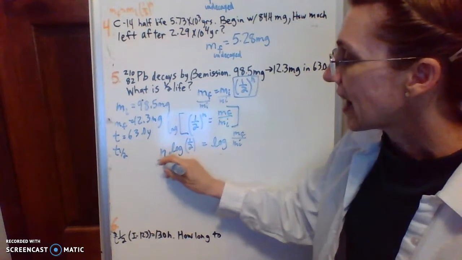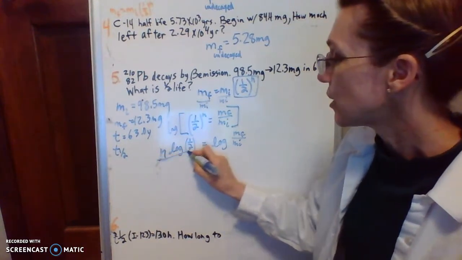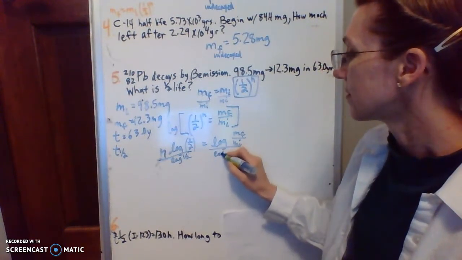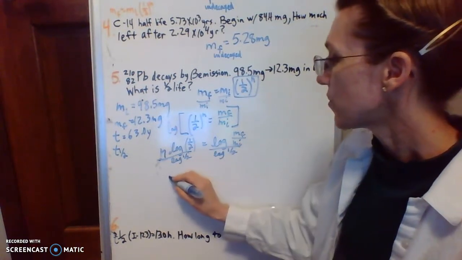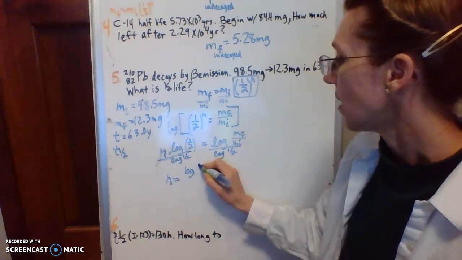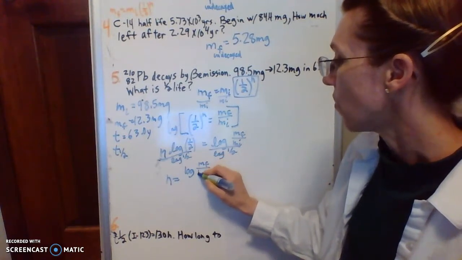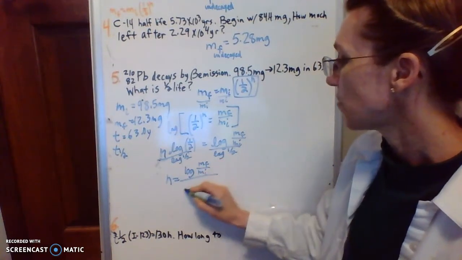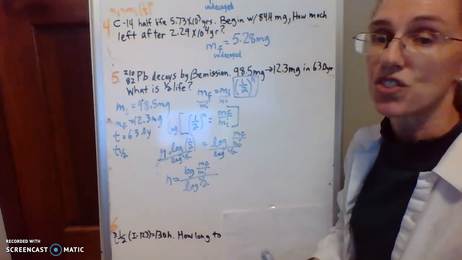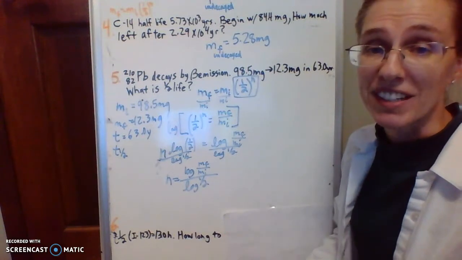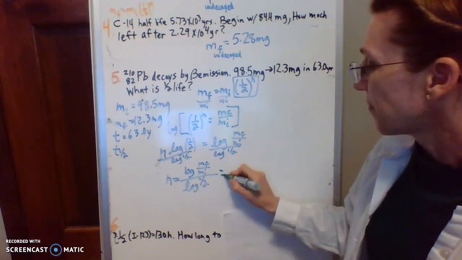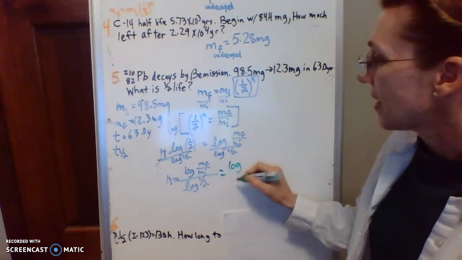So now we can get n by itself on that side just by dividing both sides by the log of 1/2. So our n is going to equal the log of m final over m initial divided by the log of 1/2. Okay. This is just algebra. It's nothing to do with the chemistry, okay? So we can go ahead and plug those numbers in. We can get the log.